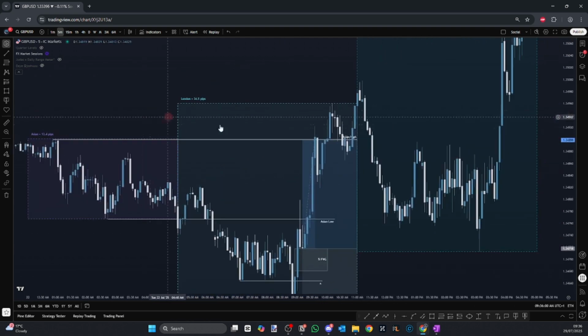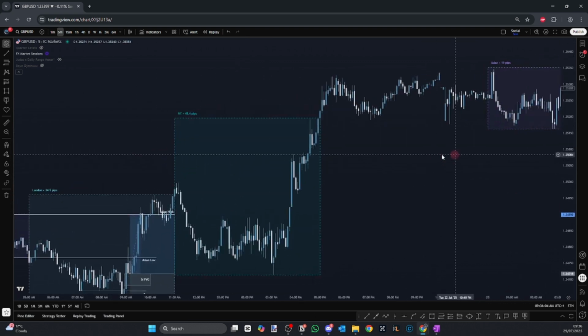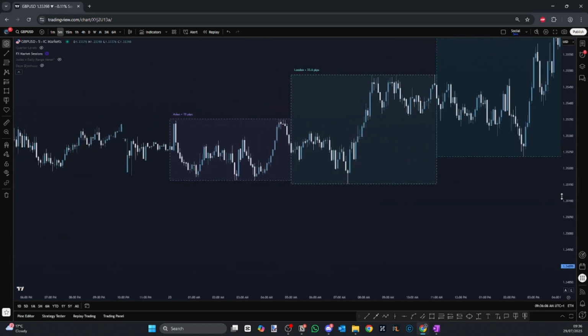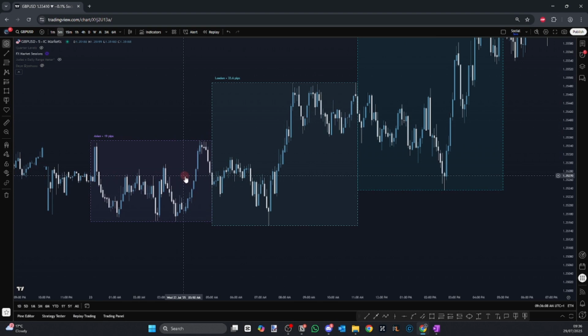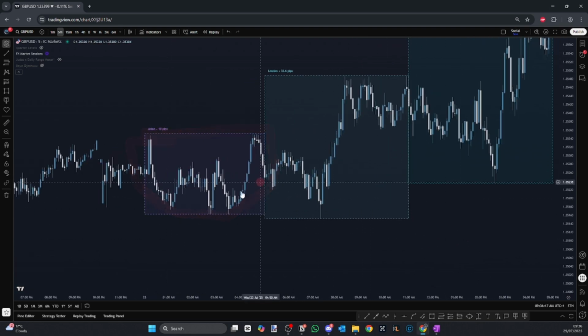All right, if we go through one more example, if we just go to the next day, again you can see here we've got the Asian range. Again, it's a sideways consolidation range, which is perfect. So we can do the same again. We can assume there's liquidity sitting on both sides of this trading session.